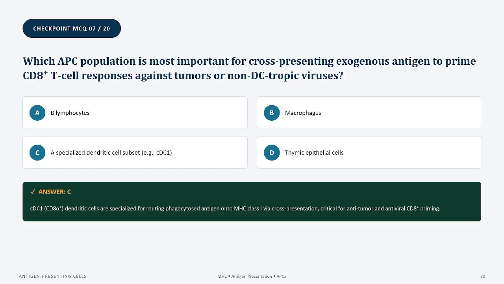Yes, that is the cDC1 or the CD8 alpha plus dendritic cells, which are specialized for routing phagocytosed antigen onto MHC class 1 via cross presentation, critical for anti-tumor and antiviral CD8 plus priming.